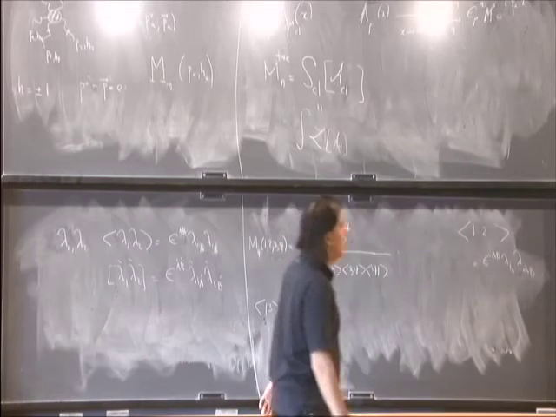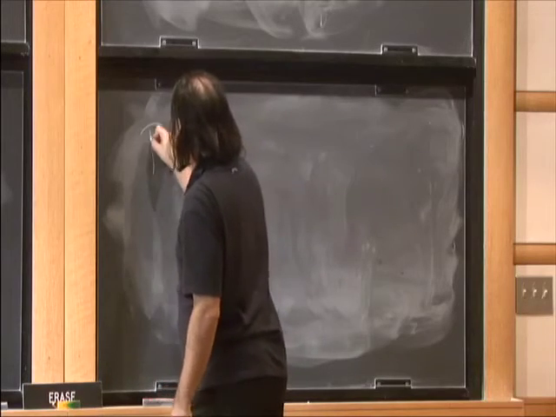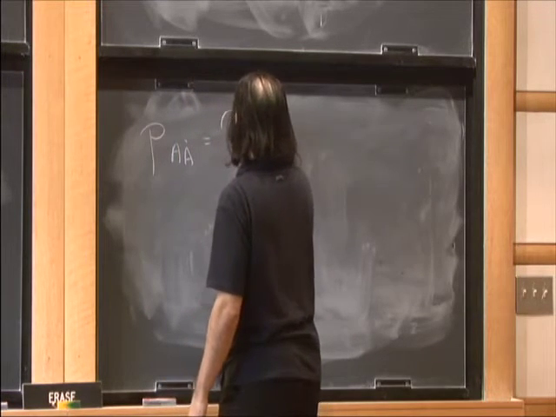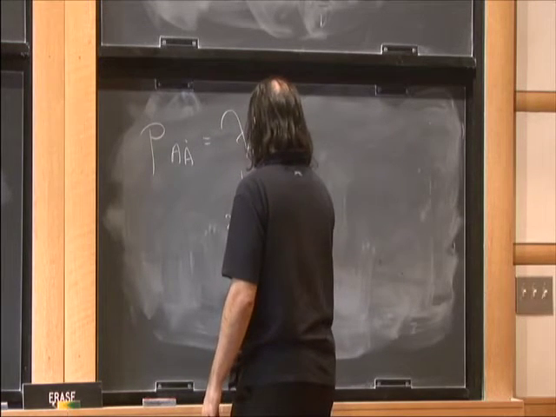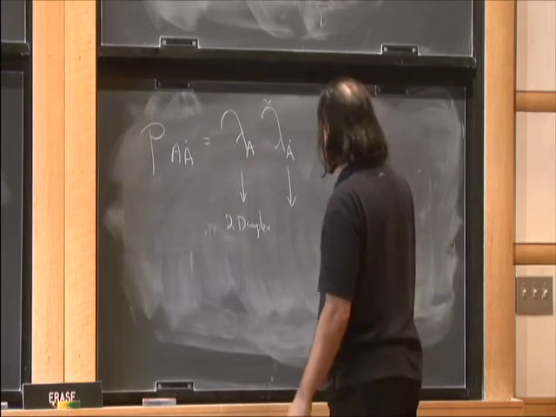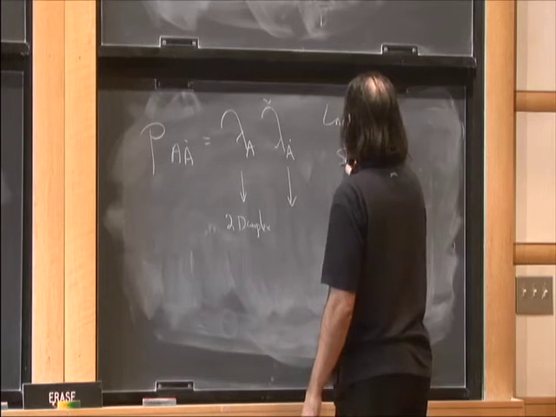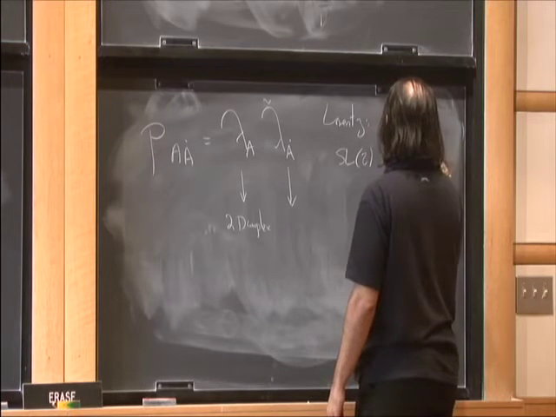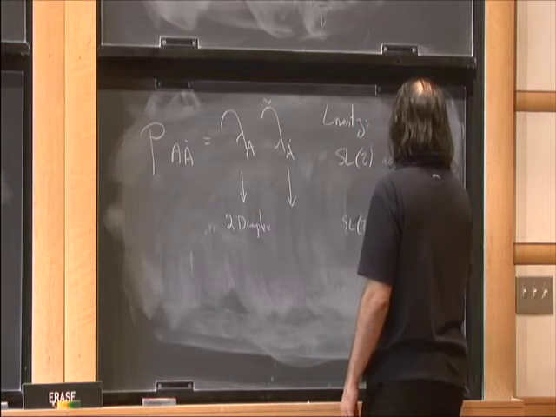Let me write this down again. Remember, each P a a-dot, this 2 by 2 matrix, we wrote as lambda a, lambda tilde a-dot. And the Lorentz group is SL2 acting on the lambdas cross SL2 acting on lambda tildes.